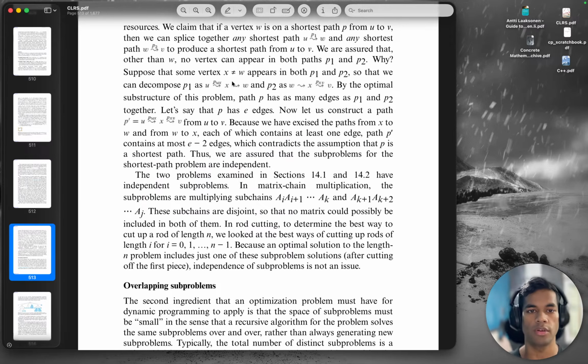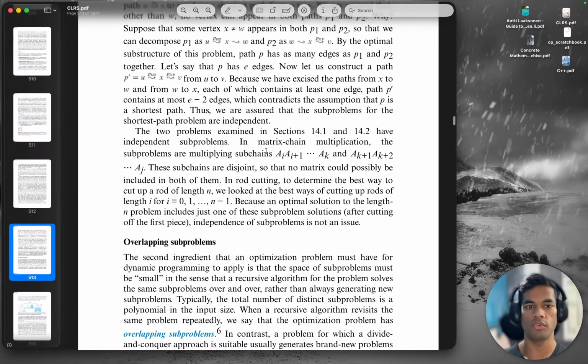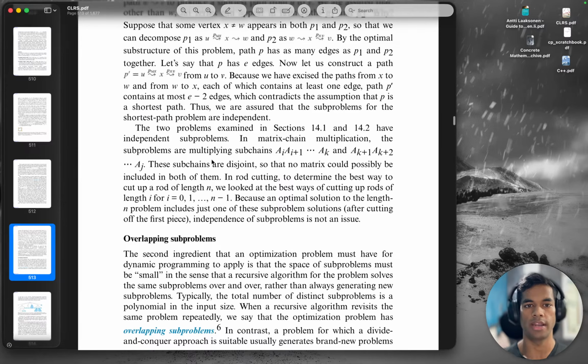Yes, by contradiction. Therefore, they do not have anything in common. They are not sharing the same resources. Thus, we assure that the shortest path subproblems are independent.